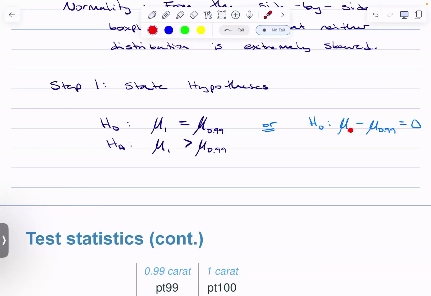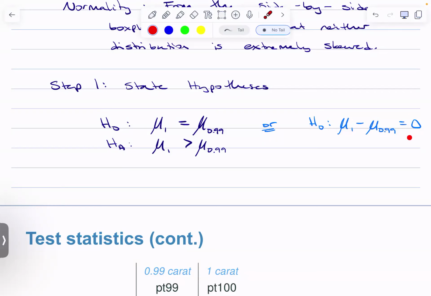It does require a smidge more work, in my opinion, if you're comparing the difference to 0, because it depends on how you calculated your difference. But we're taking mu1 minus mu 0.99. So if mu1 is consistently higher than mu of 0.99, I would expect the difference to be greater than 0.